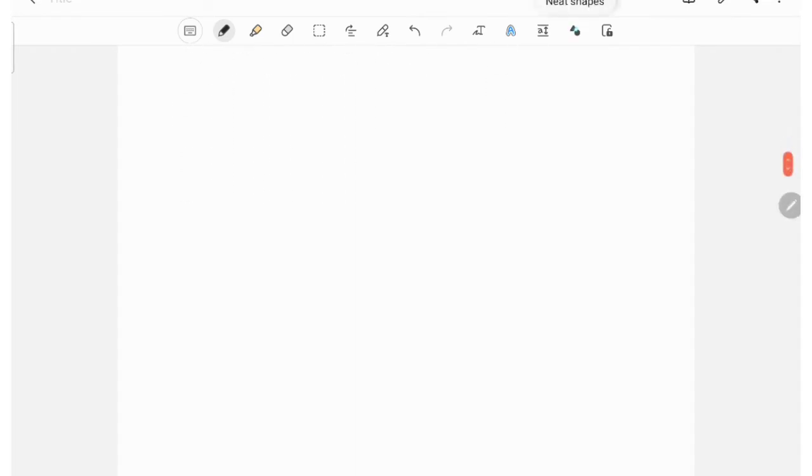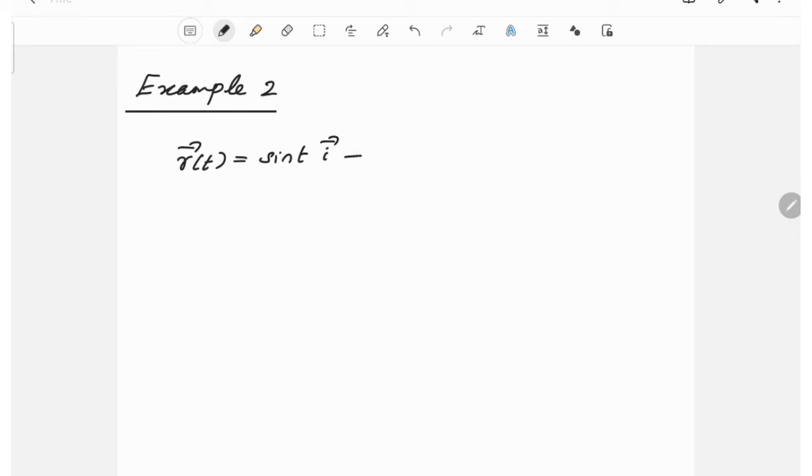Next, example 2. Find the intervals on which the vector function r of t equals sin t i plus cos t j minus tan inverse t k is continuous.